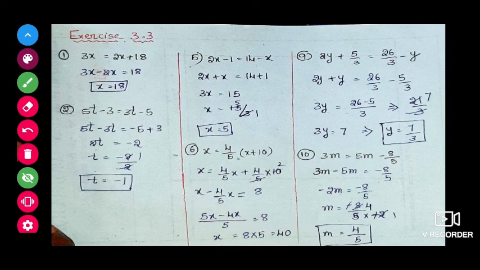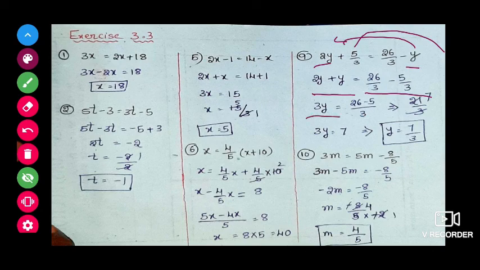Next, 2y plus 5 by 3 is equal to 26 by 3 minus y. Now also the same way, bring all the constants one side and variables one side. Here 2y already is there, but that side one more y is there, that is minus y. If I bring this side, plus y, 2y plus y. Next 26 by 3, here plus 5 by 3, if it goes that side, minus 5 by 3. So 2y plus y is equal to 26 by 3 minus 5 by 3.